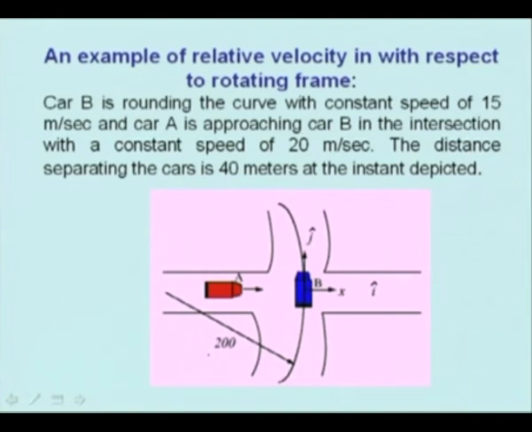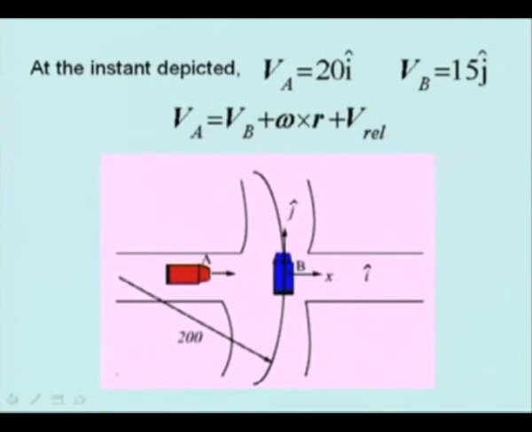The distance separating the cars is 40 meters at the instant depicted. The size of the car is very small compared to the distance of 40 meters, so it can be treated as a particle.